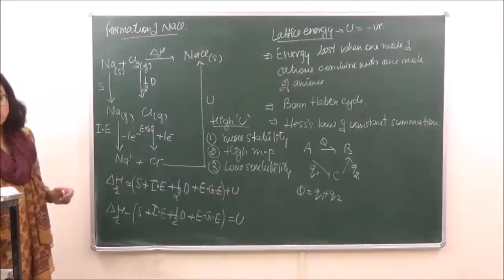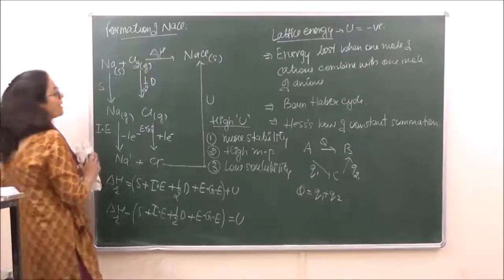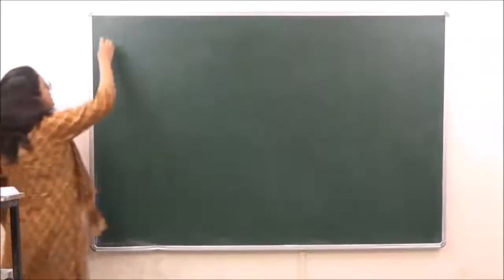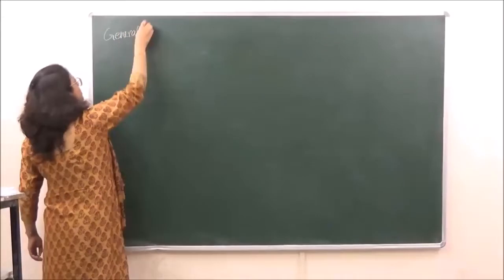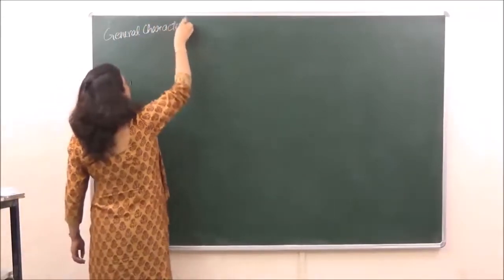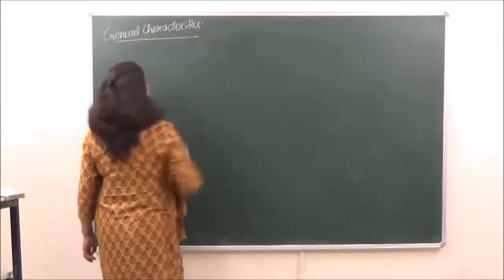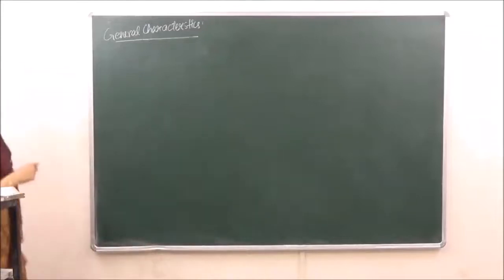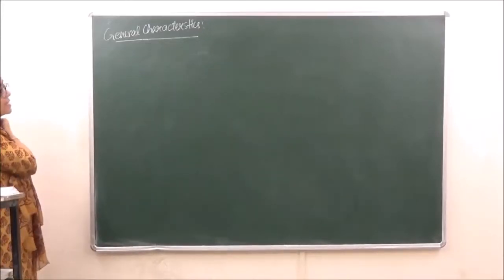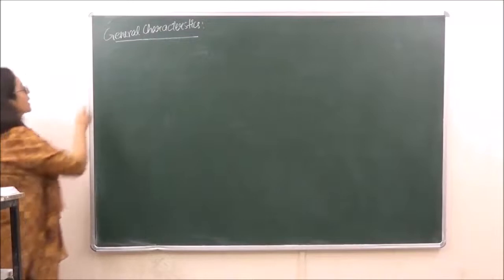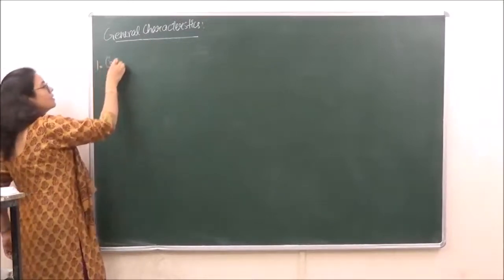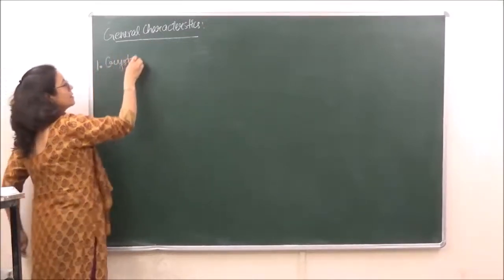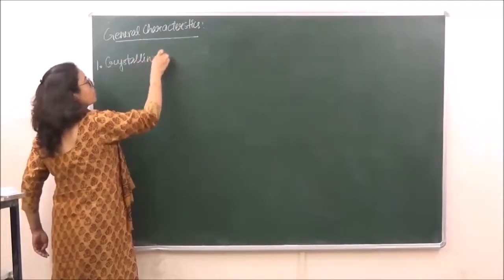Let's go on to the general characteristics of ionic bonds. General characteristics of ionic bonds. Okay? The first characteristic is the crystalline nature.